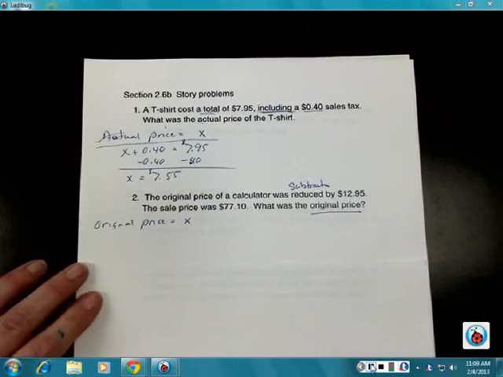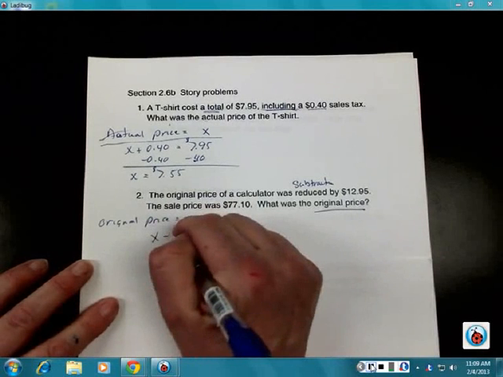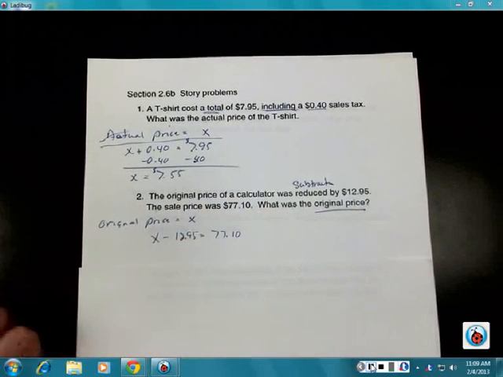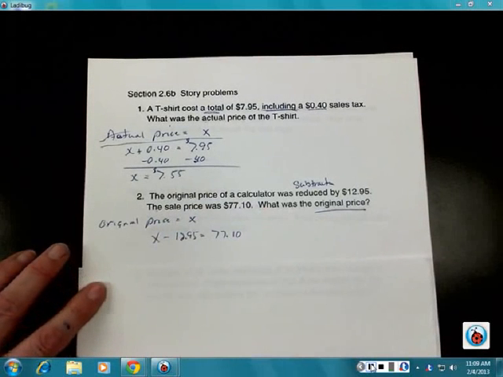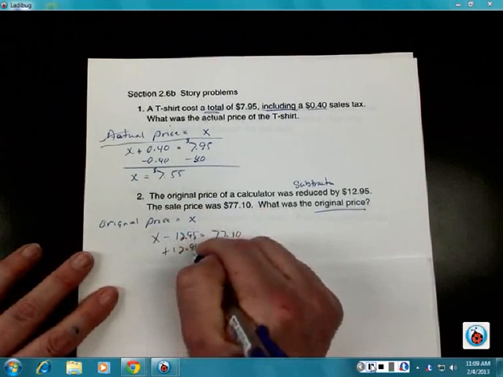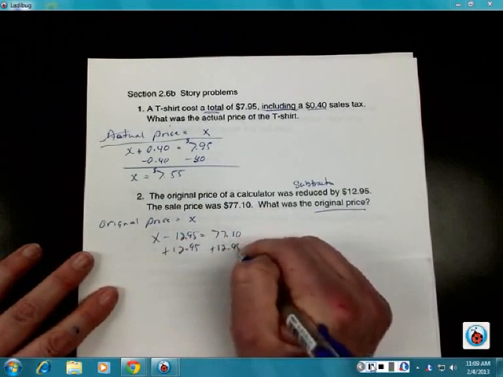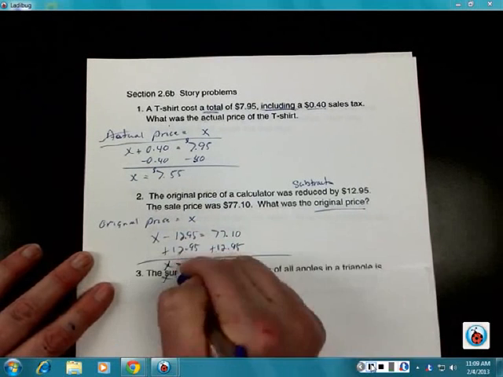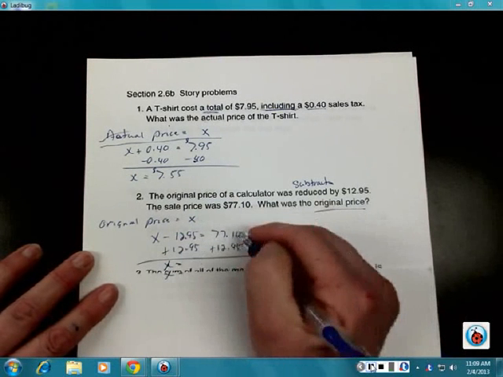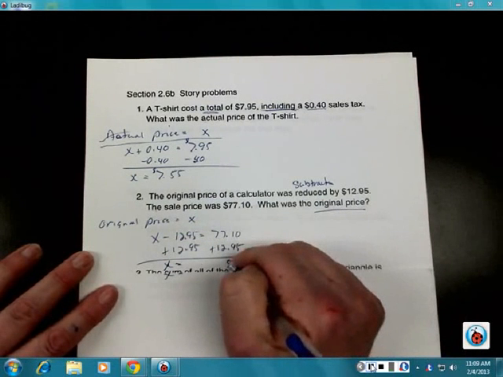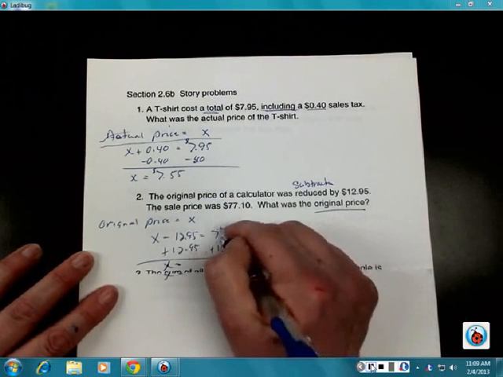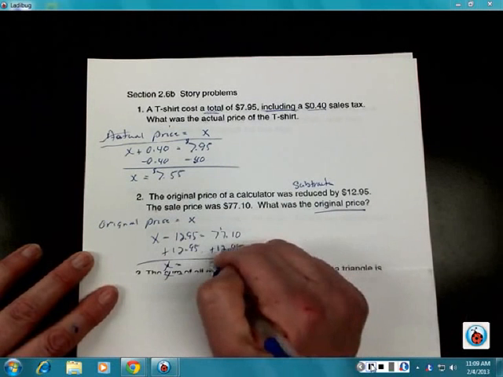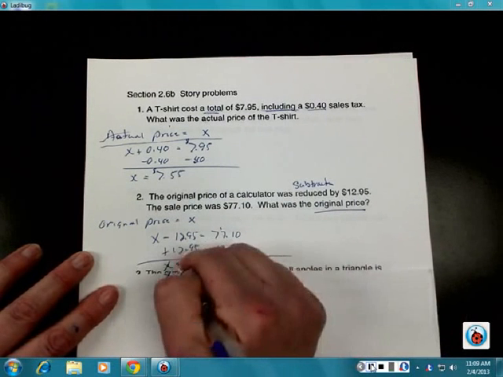So how does this set up? X minus 12.95 equals 77.10. Are we okay with that one? Yes. Then all we do is add $12.95 to each side, and I find that X is equal to $90.05.